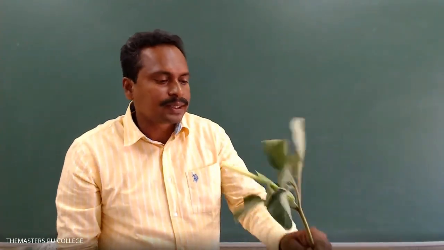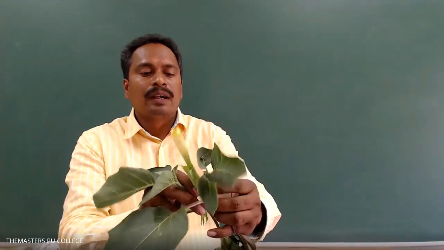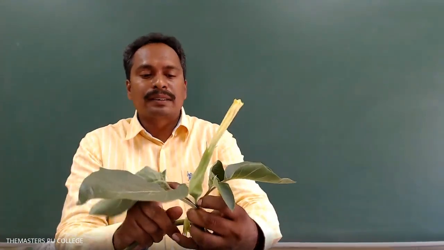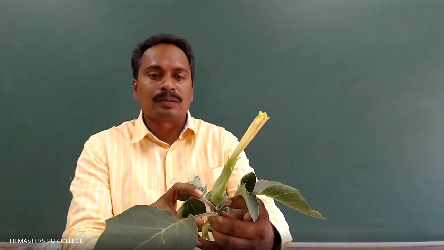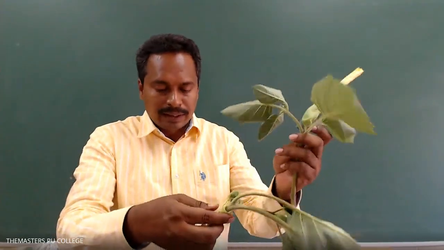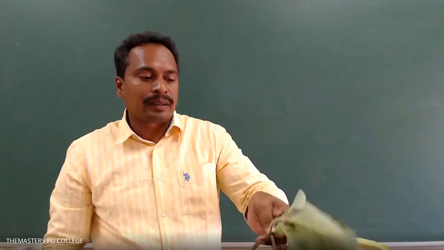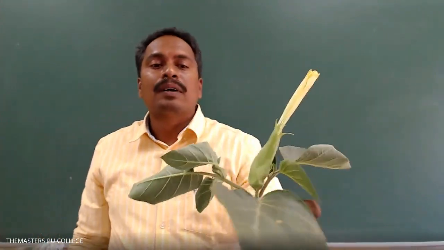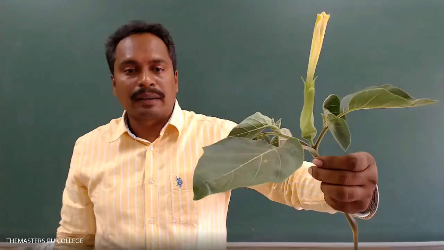At the flowers region, look here where the flowers are formed, it's a whorled or cyclic phyllotaxy. And the remaining regions of the stem are arranged in an alternate manner. Is it visible clearly? Yes, sir.